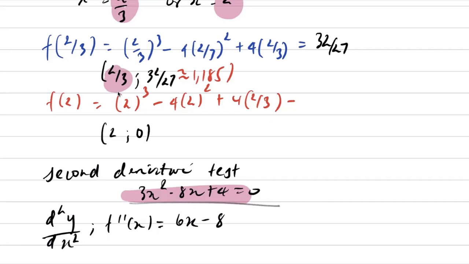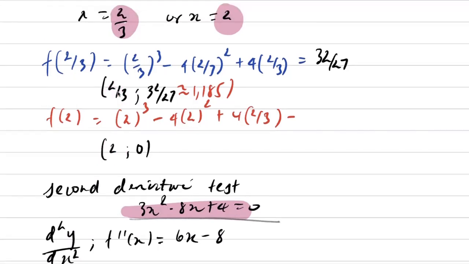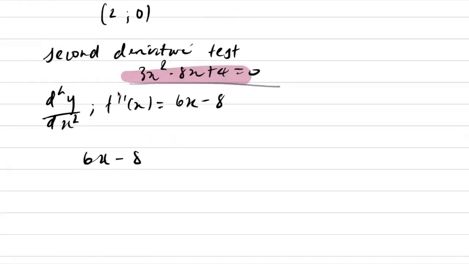We could input 2 over 3 and 2, which is important. So we're going to input first 2 over 3, which is the one that we got here, and let's see that again. So we're going to have 6, then I'm going to input 2 over 3, close bracket, and then minus 8. I just want to see if I get a negative number or a positive number.